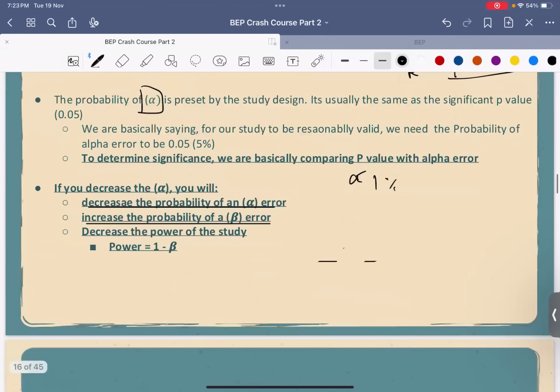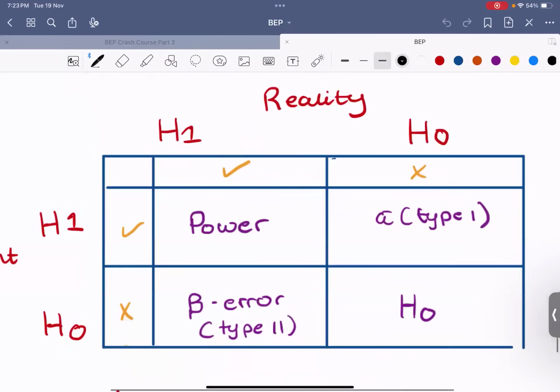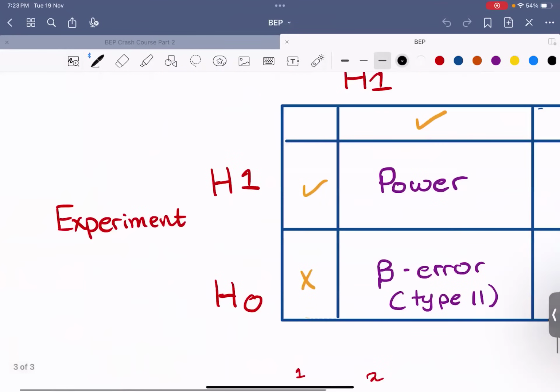And then we also decrease the power of the study. Now, this is a very important formula: power is 1 minus beta. Because here, you can see, it's either power or beta.